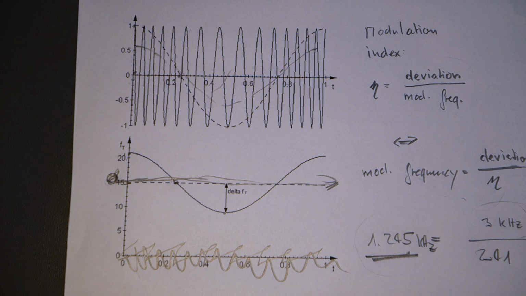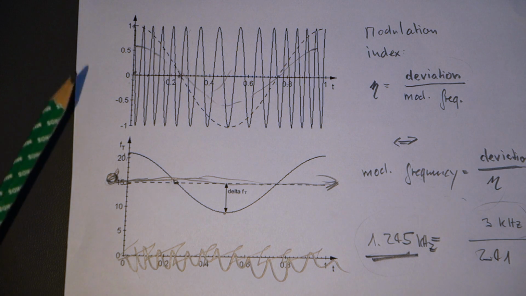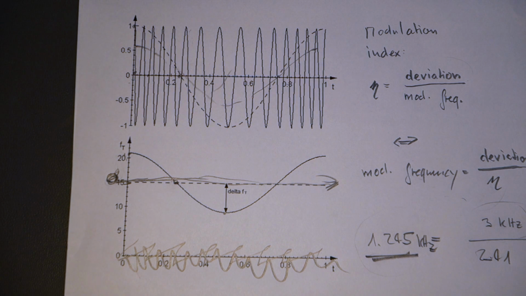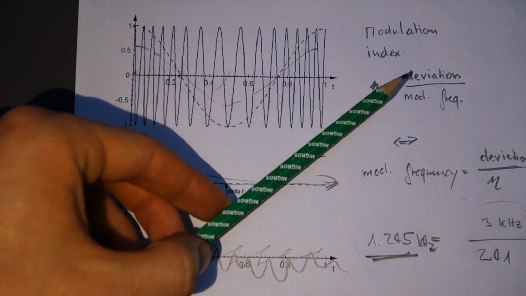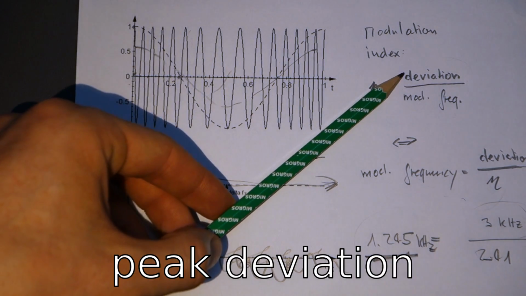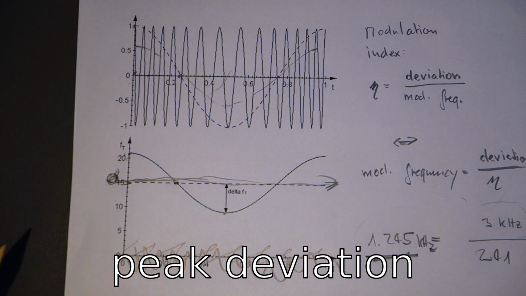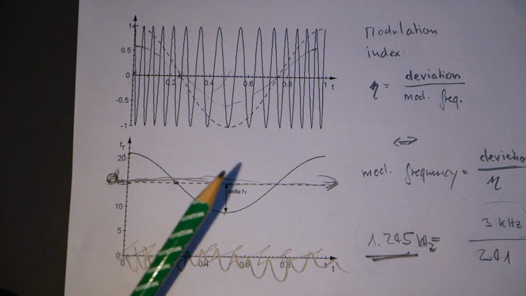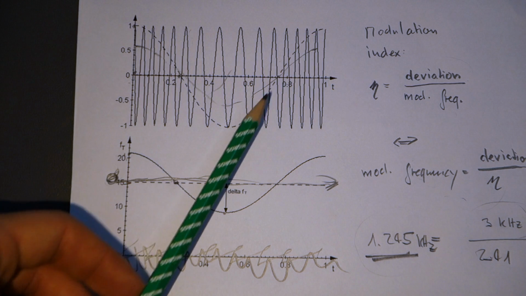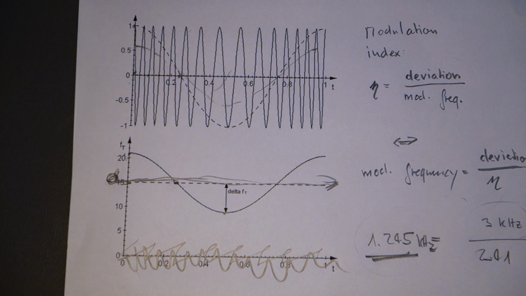The thing that ties the deviation to the modulation frequency is called the modulation index, and it's just the ratio between the deviation and the modulation frequency. So in the example that I just had, we have a frequency of the modulation of the baseband signal of 1 kilohertz.